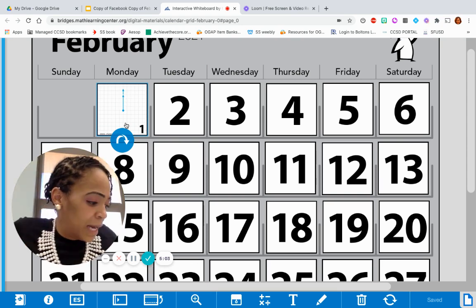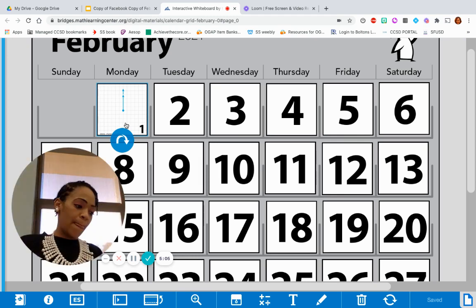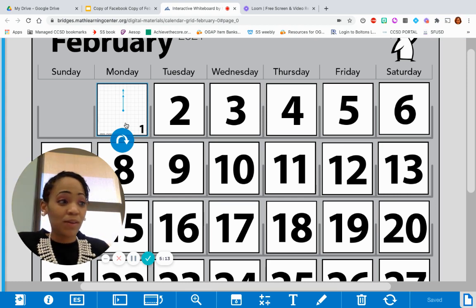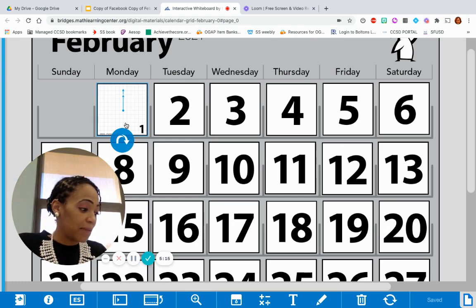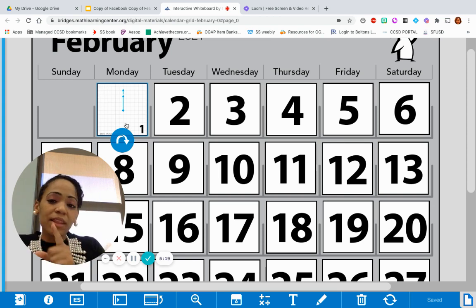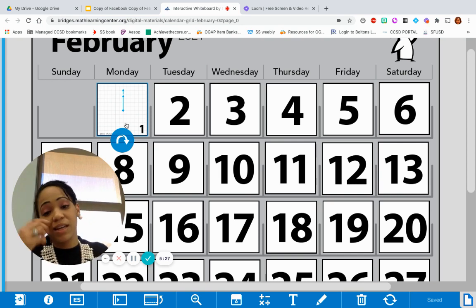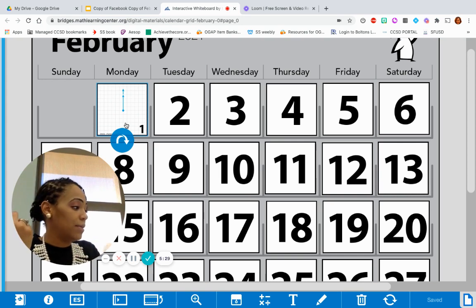What does it kind of remind you of? Maybe like a clock? Does it look like 12 o'clock? Maybe. So we know that there is a ray here, and obviously there are two rays because it looks like one's shorter and then one's taller, and we could connect it to, say, maybe 12 o'clock.